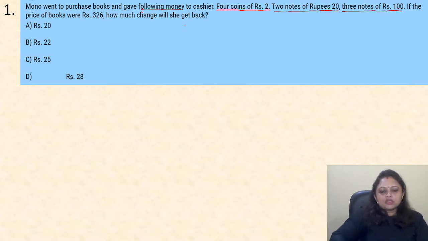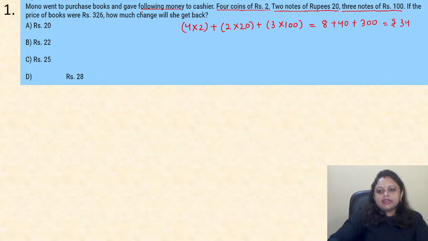So 4 coins of rupees 2, that is 4 into 2, plus 2 notes of rupees 20, 2 into 20, plus 3 notes of rupees 100, 3 into 100. So that is equal to 8 plus 40 plus 300. So it is equal to 348 rupees, right? So this is the total amount of money which Mono gave to the cashier.